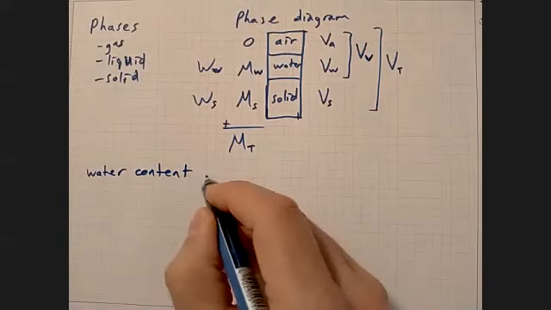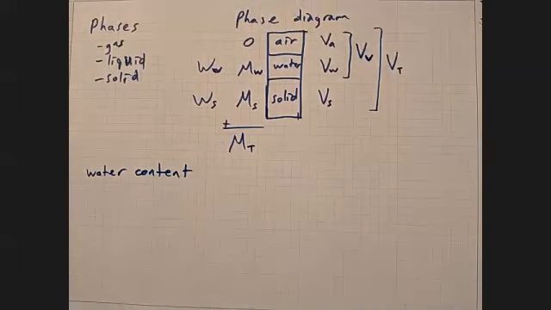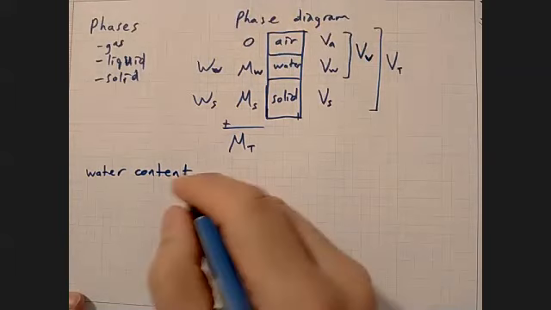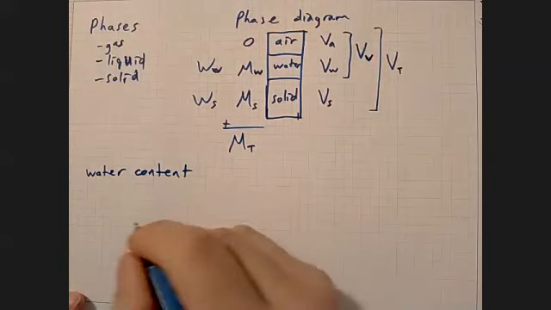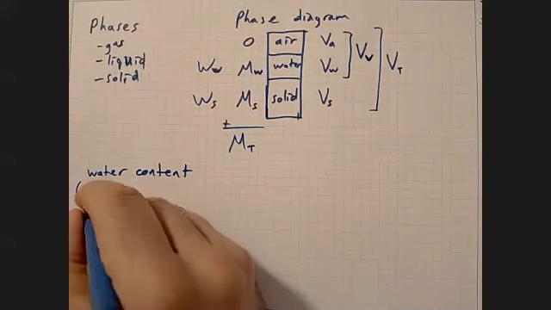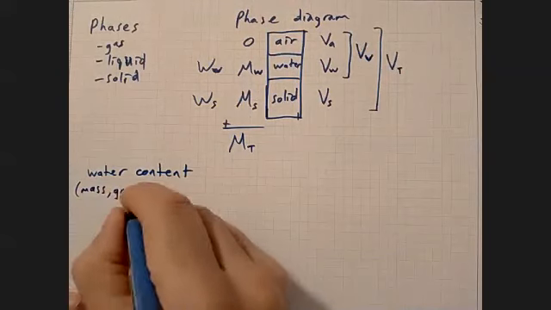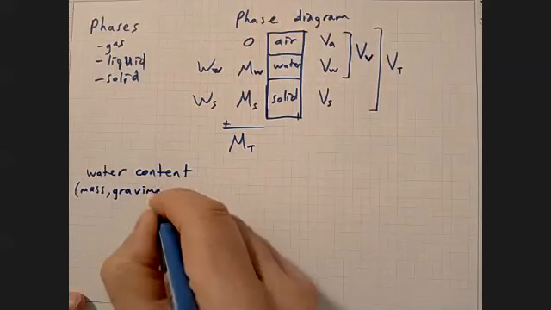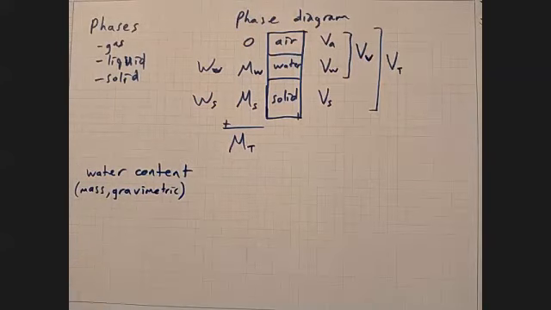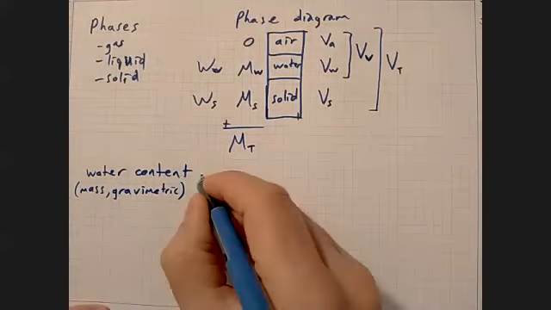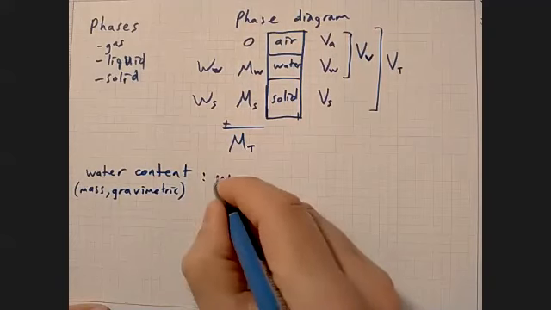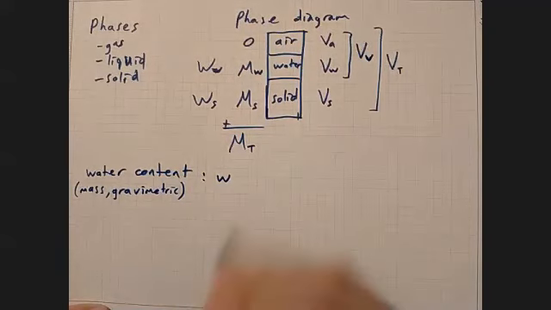The water content, and when I say water content, by default I'm going to be meaning mass or gravimetric water content. So what is this? I'm going to be using a lowercase w for it.